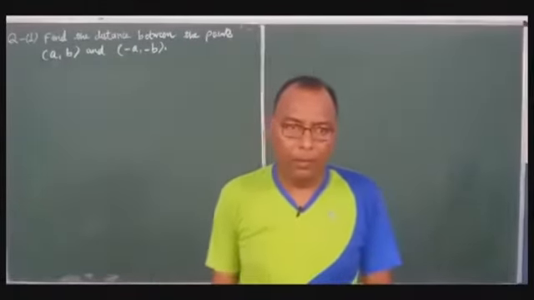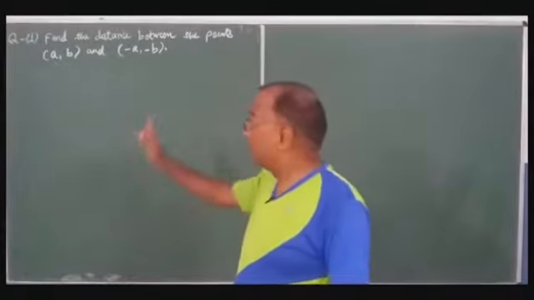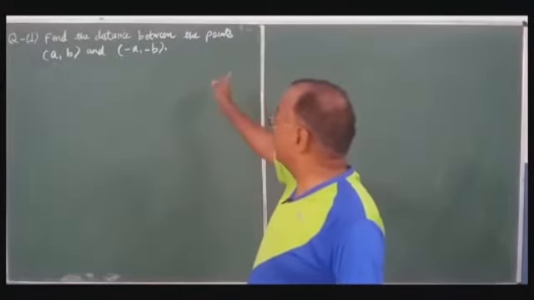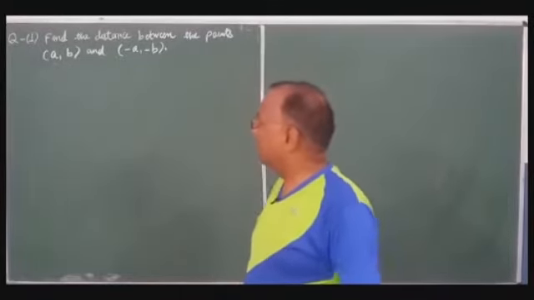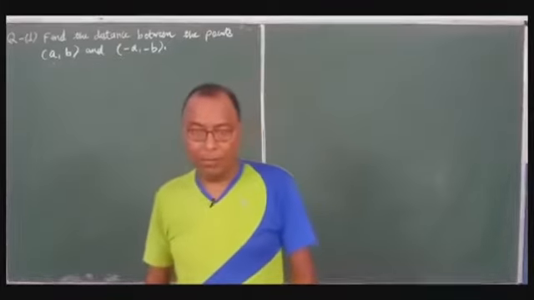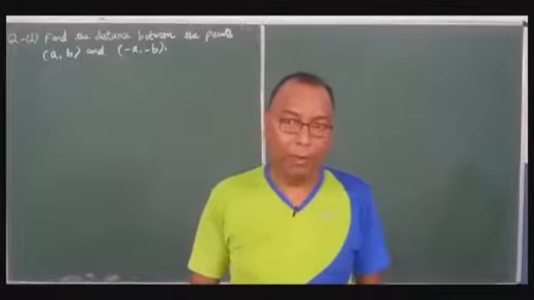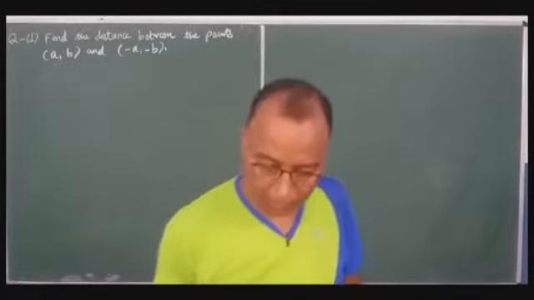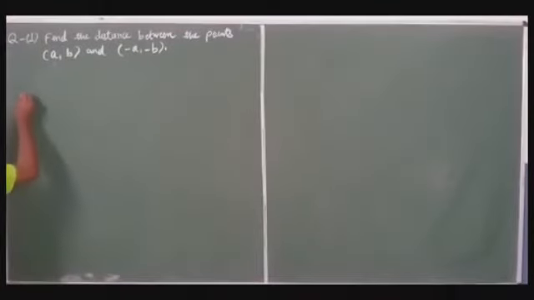Now just look at this question. Find the distance between the points a comma b and minus a comma minus b. Just look at the solution.